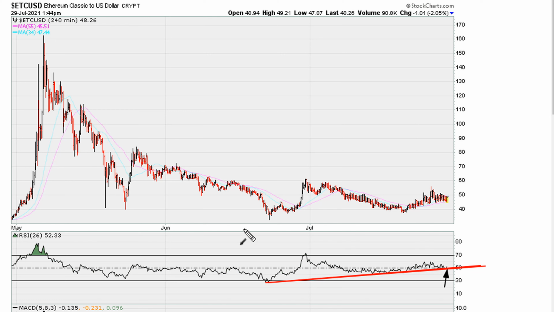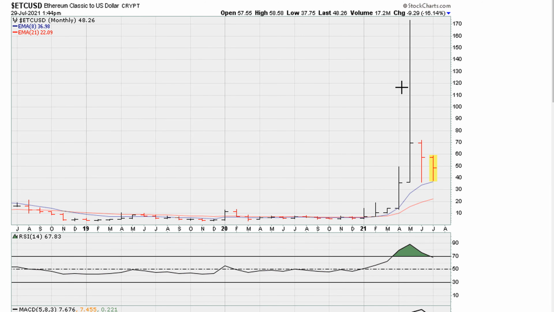Now, of course, you'd want all of these time frames to line up so we can have either a strong push higher or a strong push down. And frankly, I don't know which way it's going to go. I would go with the daily for now. Now, also to complicate things, there's RSI consideration on the monthly. Depending on what happens, we are coming late. This is July 29th. We're coming late in the month.